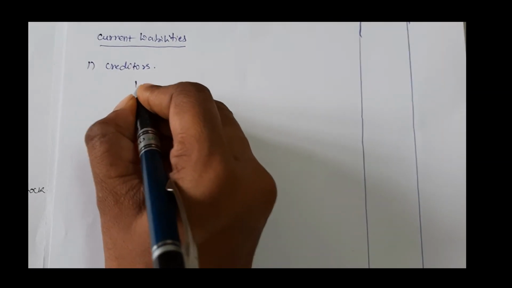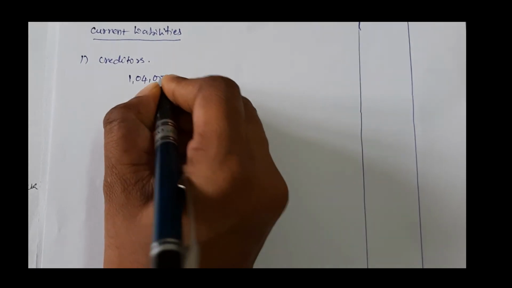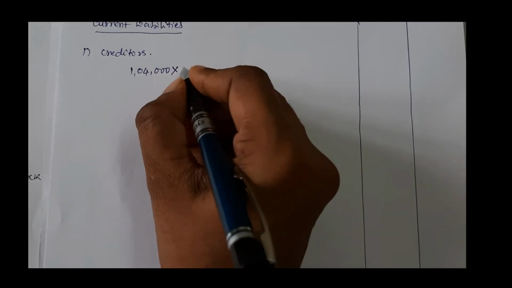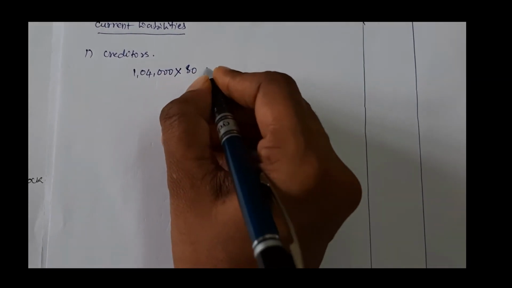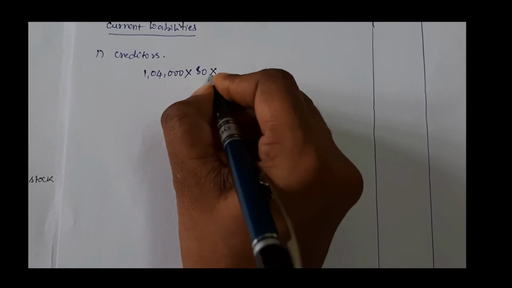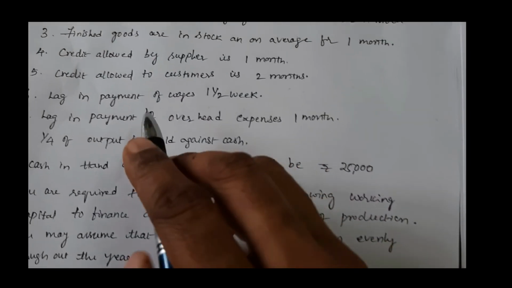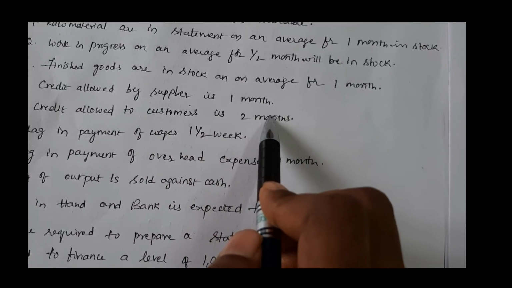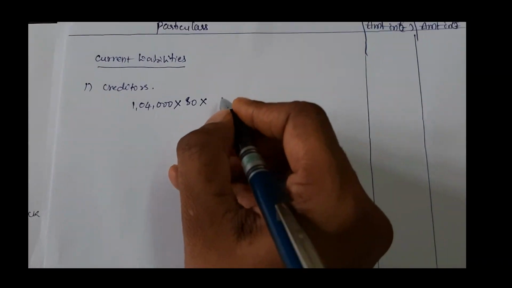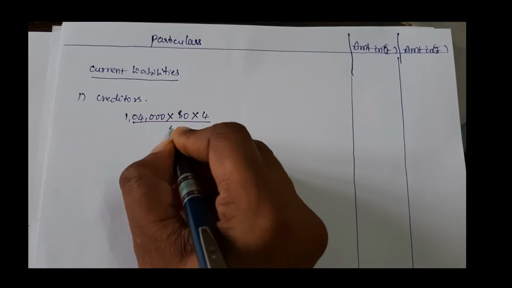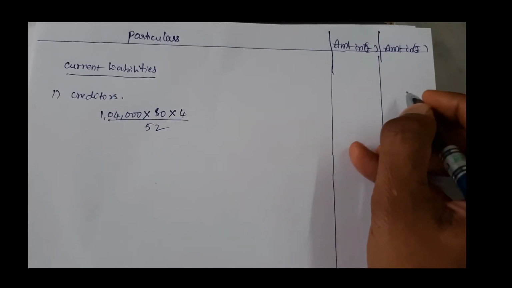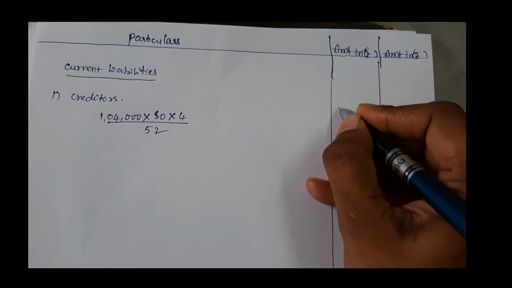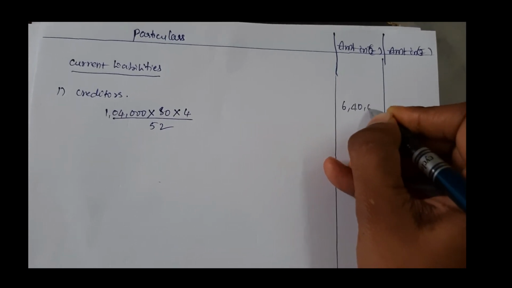So number of units to be produced are 1,04,000 into cost of raw material is rupees 80 into, here it is given credit allowed by the supplier is 1 month. So which will become 4 weeks divided by 52 and this will become 6,40,000.